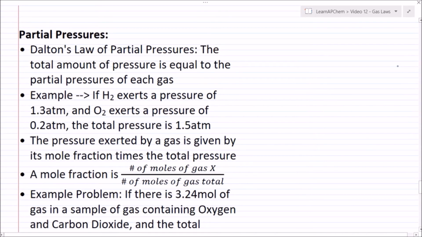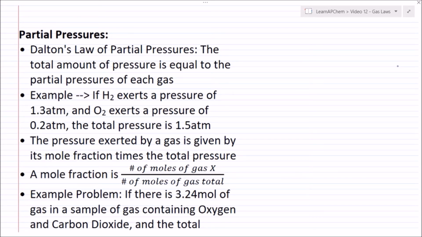Alright, now let's talk about partial pressures. And you should first be familiar with Dalton's law of partial pressures, named after your favorite chemist, Mr. Dalton. Now, Dalton's law of partial pressures, not to be confused with Dalton's law from before, says that the total amount of pressure is equal to the sum of the partial pressures of each gas.